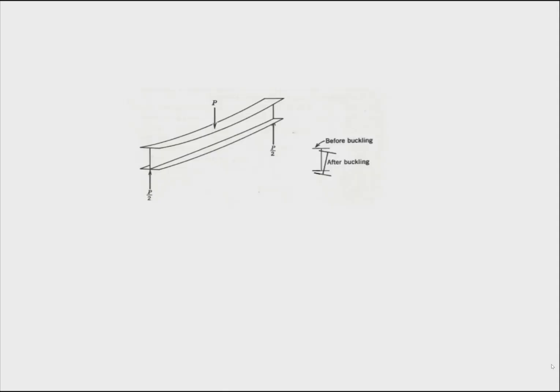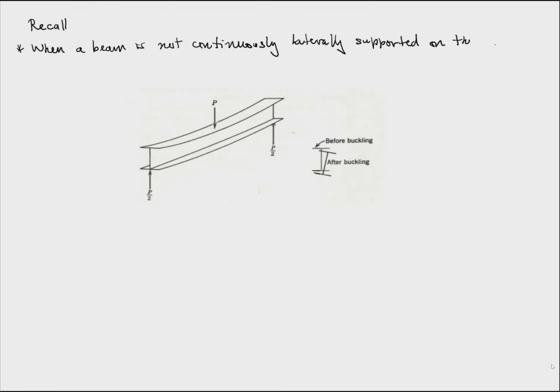In this video, we're going to talk about bending strength of beams and lateral torsional buckling. Recall from the last video that when a beam is not continuously laterally supported on the compression side, lateral torsional buckling may occur.